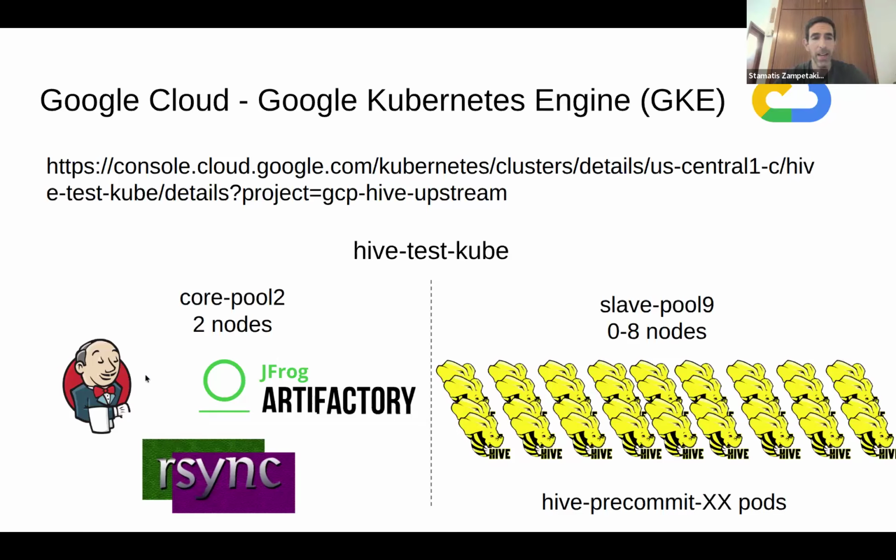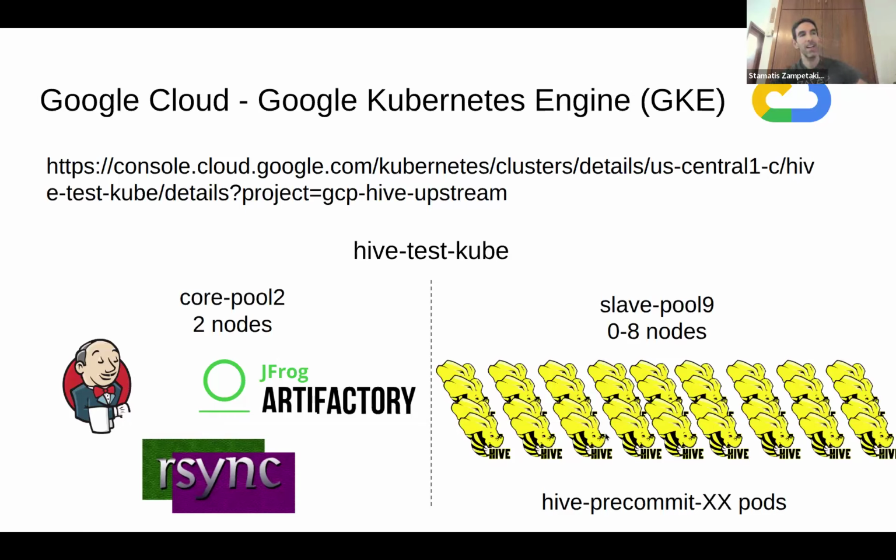That's why whenever we click on the CI Jenkins link, we're going to find the information. The slave pool just runs when a pre-commit job is running.